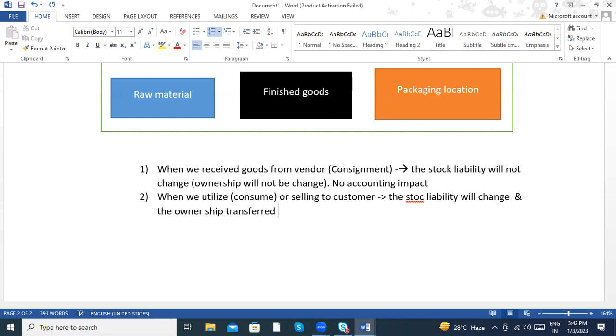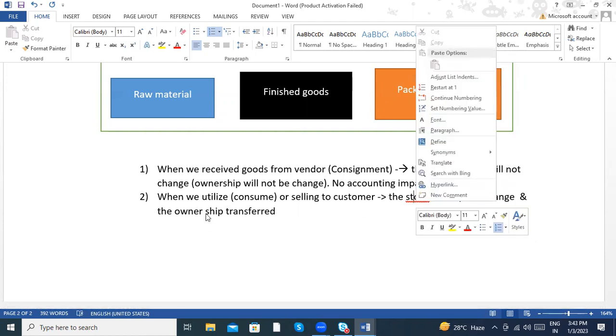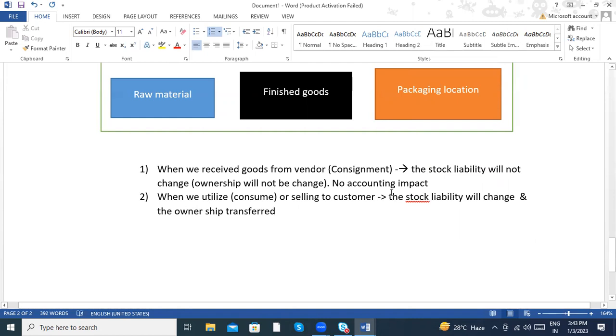Then you need to pay the amount. The stock liability and the ownership will be changed, so now it is our own stock, whether you sell to a customer or utilize it.